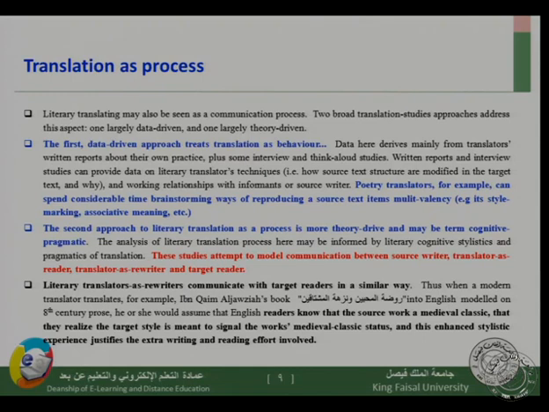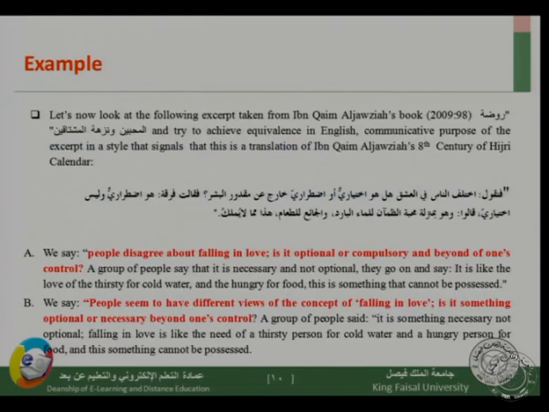For instance, look at the example: literary translators are like rewriters. You write and rewrite. It is a process; you recycle your translation until it gets to a proper form.